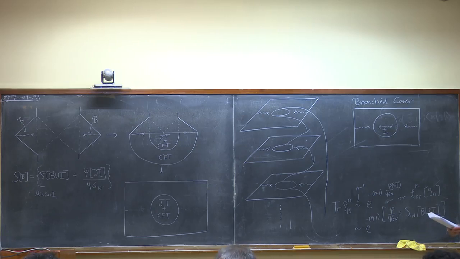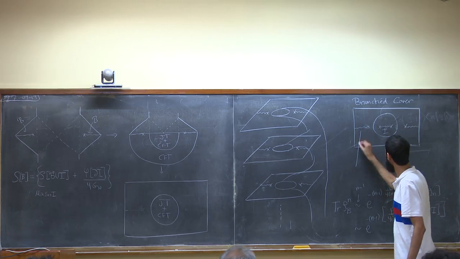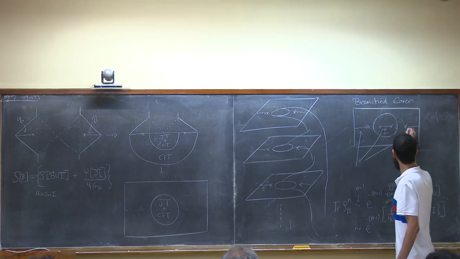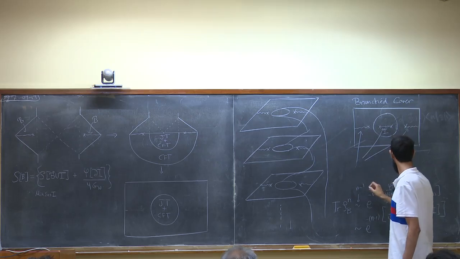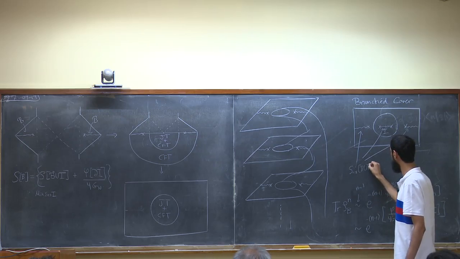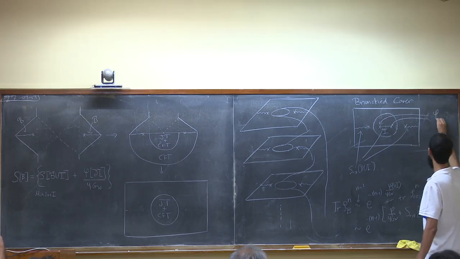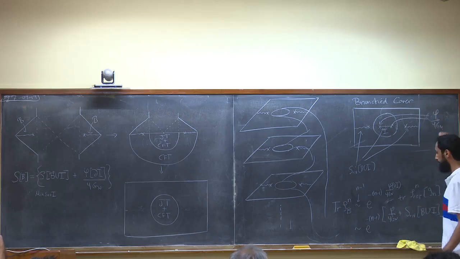Gravity will just smooth it out. And so in this picture, from these three cuts you get the von Neumann entropy of B union I, and from the branch points in the gravity region you get the dilaton. So it really just comes out very simply.